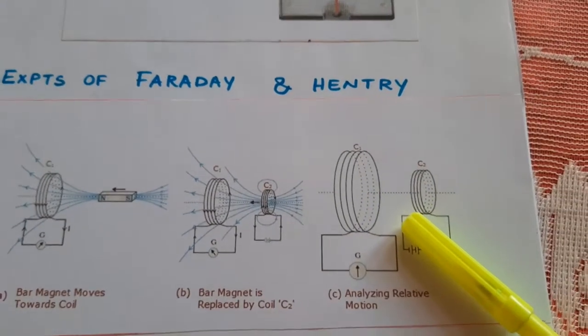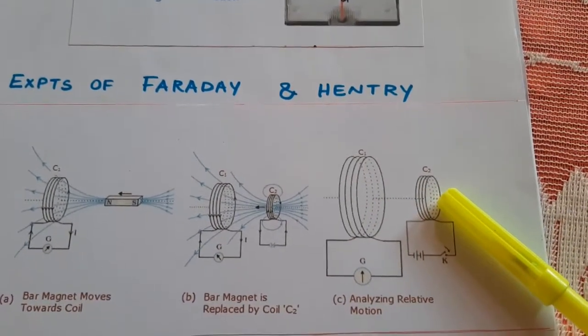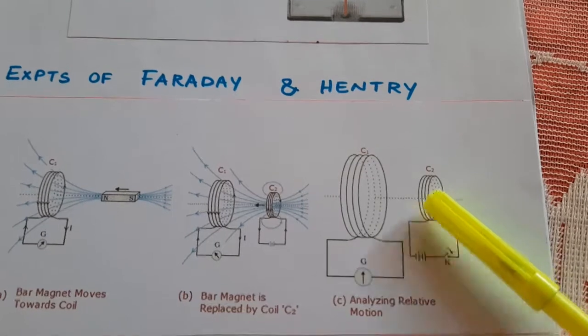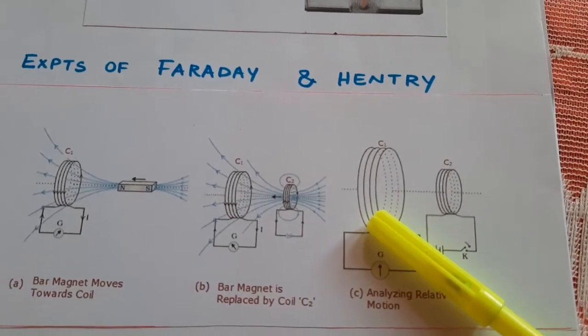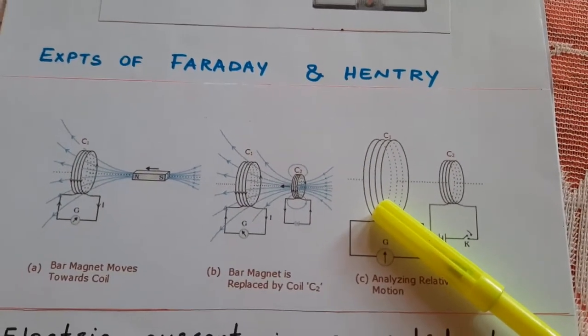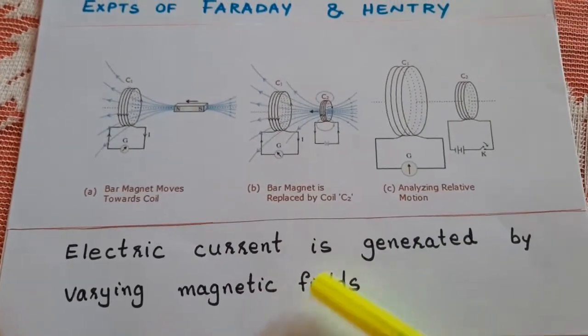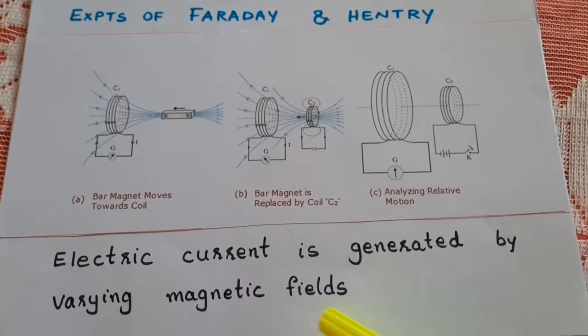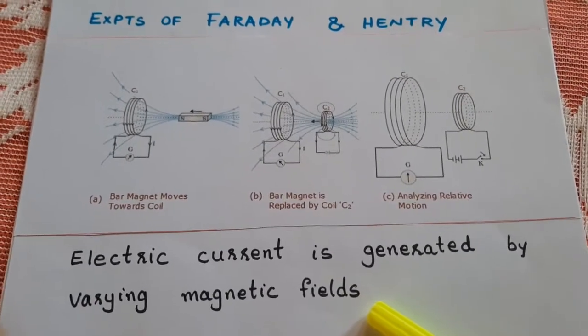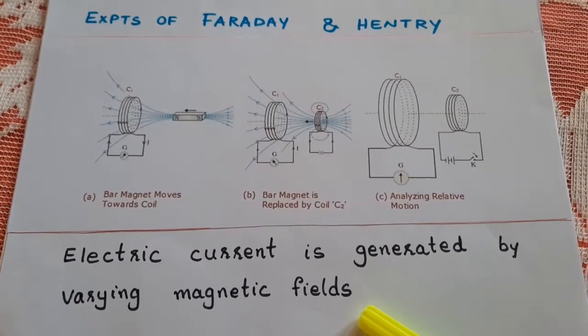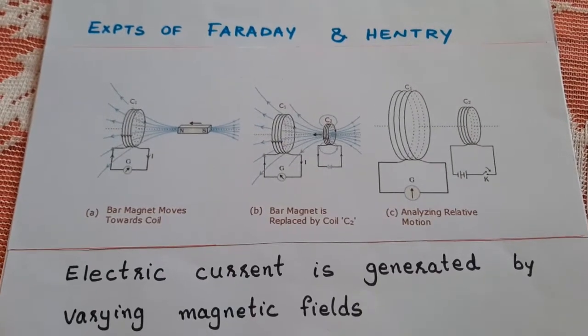In the third case, a varying current in coil C2 induces a current in coil C1. So let us conclude that electric current is generated by varying magnetic field or magnetic flux associated with a coil.